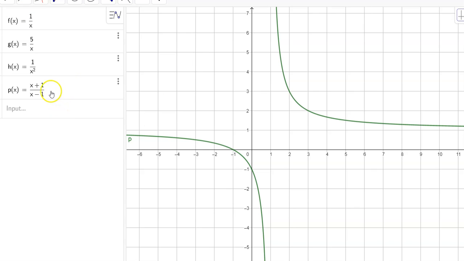The reason is that this is close to that, but it's transformed a little bit to the right. So we see that when x is 1, here in the denominator, this becomes 0. So this blows up, it goes to infinity and negative infinity.